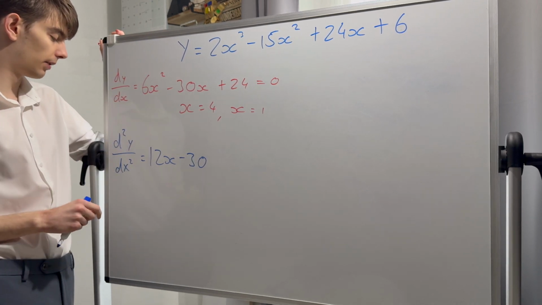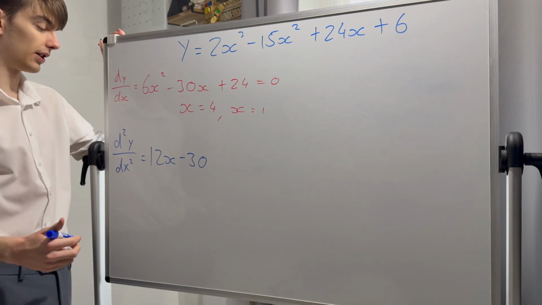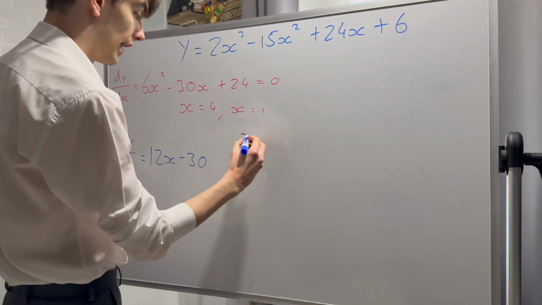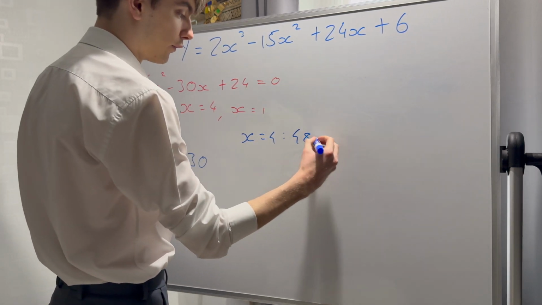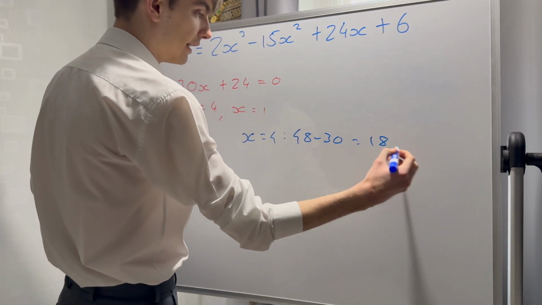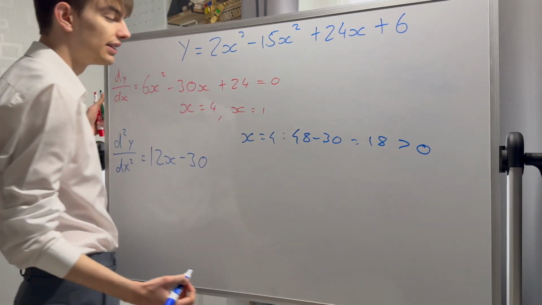So d2y by dx squared is 12x minus 30. So for x equals 4, I get 12 times 4 is 48 minus 30 is 18. And 18 is greater than 0.